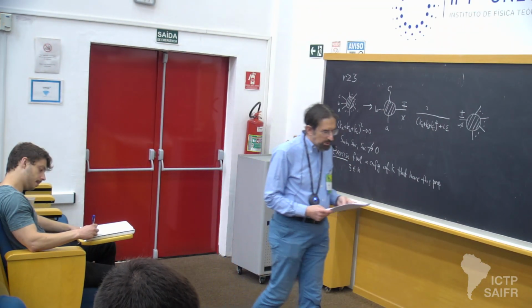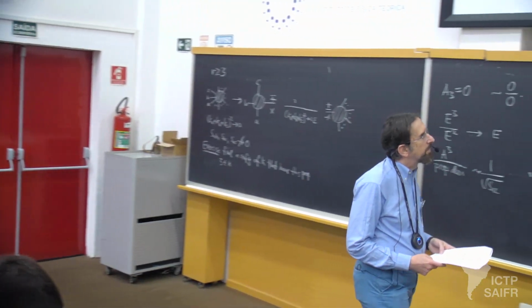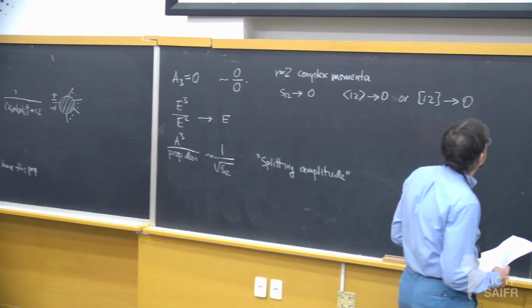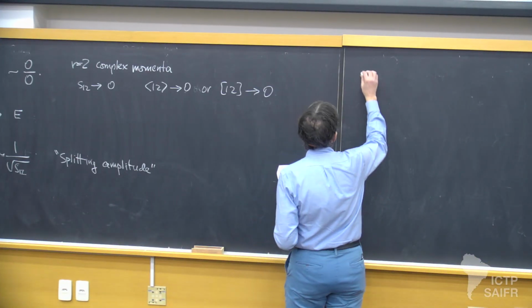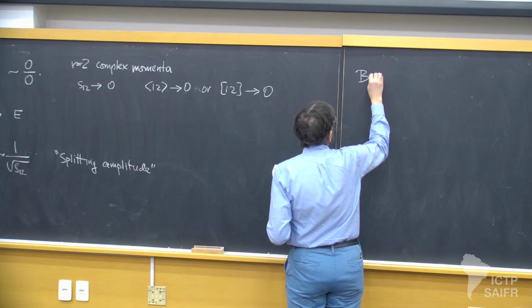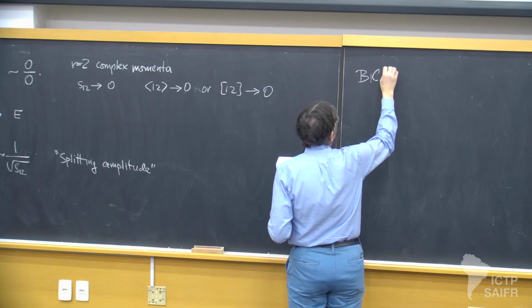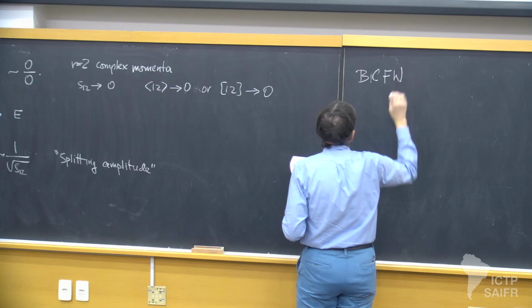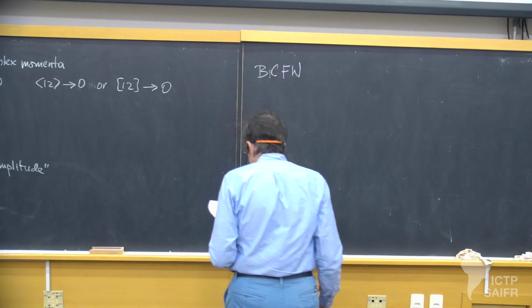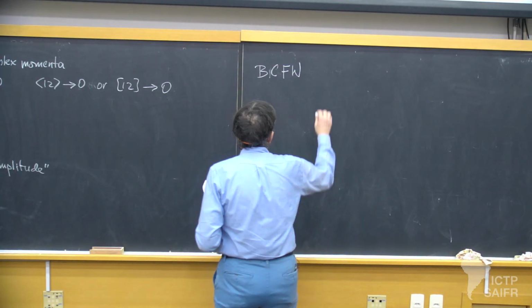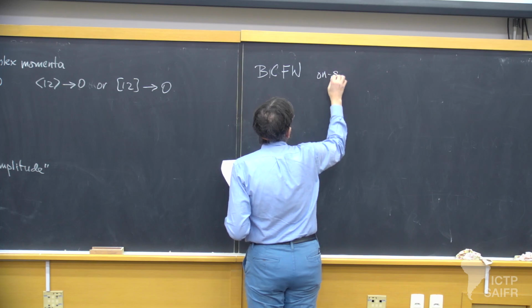So how are we actually going to use this to calculate anything? This is where the Britto-Cachazo-Feng-Witten, or on-shell recursion relations, usually abbreviated to BCFW, come in.